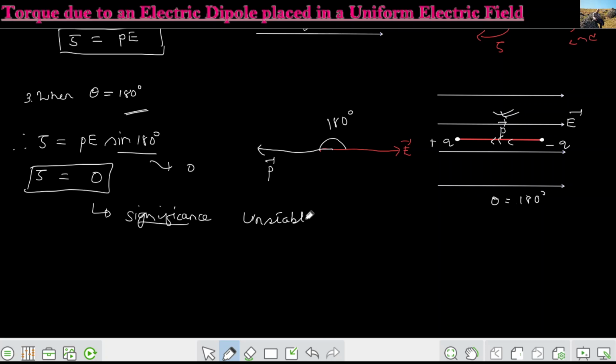We define this as the unstable equilibrium position. So when theta is equal to 180 degree, torque will be equal to 0, and when torque is equal to 0, there will be no rotation. The dipole is said to be in an unstable equilibrium position.